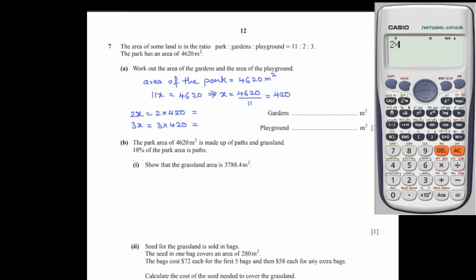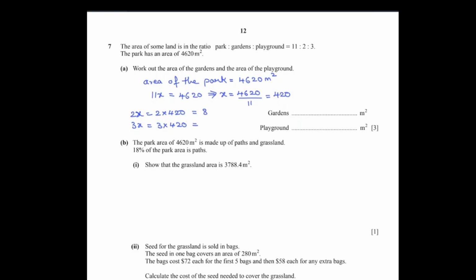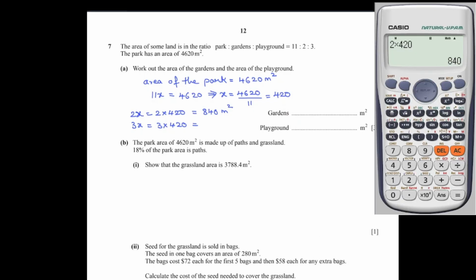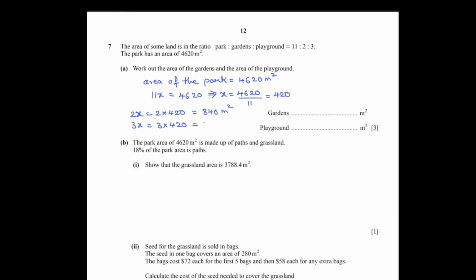So 2 into 420 is equal to 840, which is the area of garden, and 3 into 420 will be 1260.